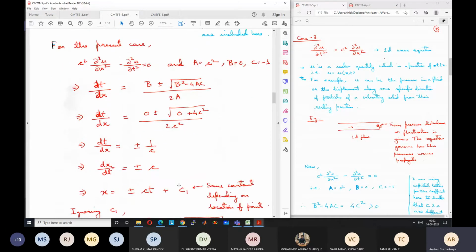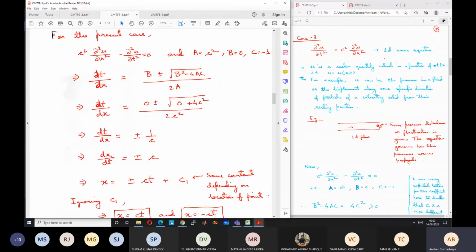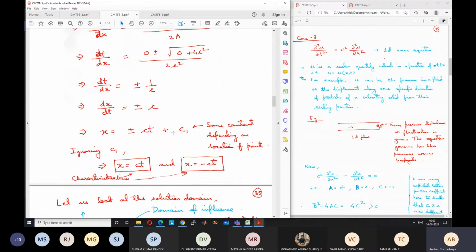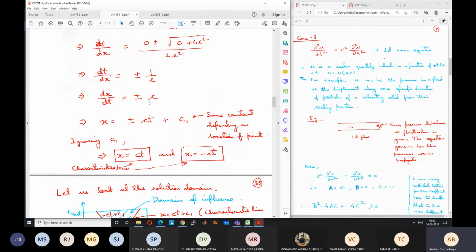Simplifying this, we get dt dx is equal to plus minus 1 by c, or dx dt is equal to plus minus c. So integrating, we can write x is equal to plus minus ct plus c1, where c1 is some constant. It depends on the initial location of the disturbance.